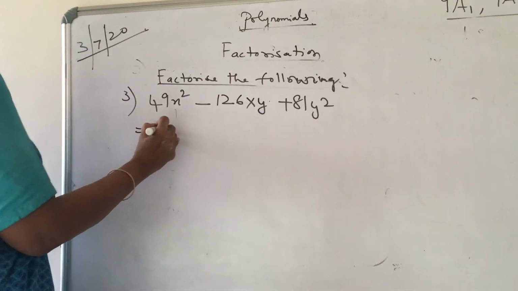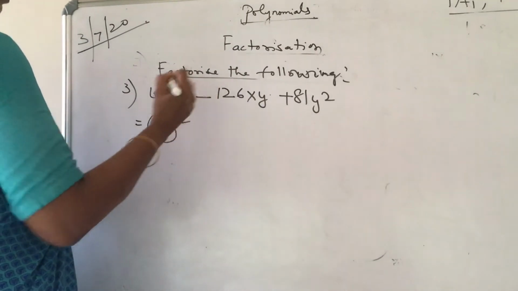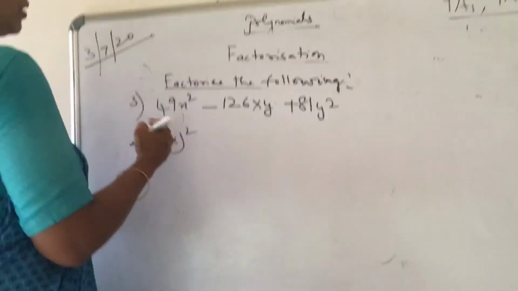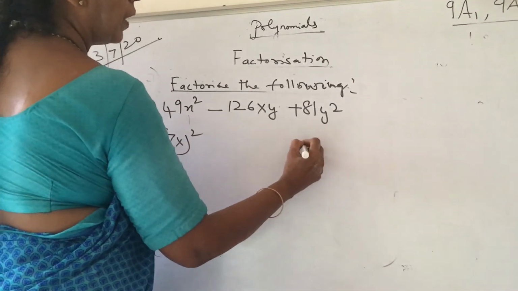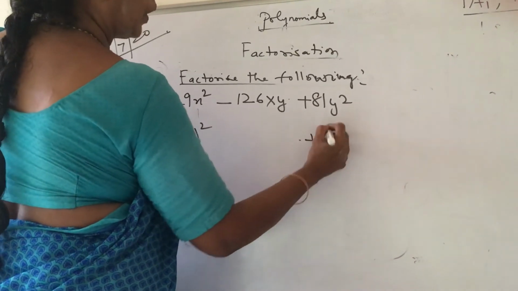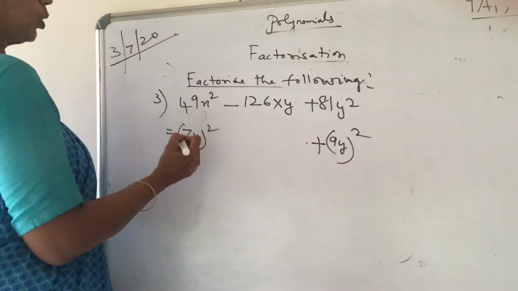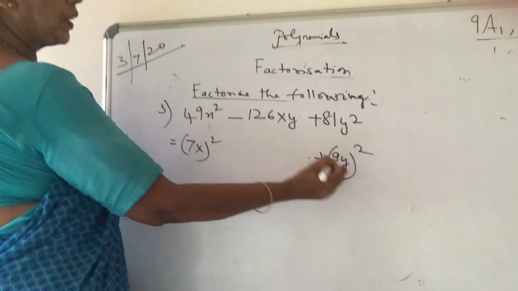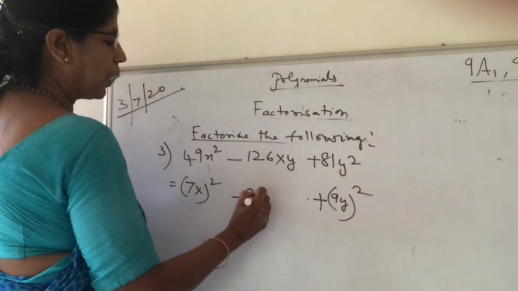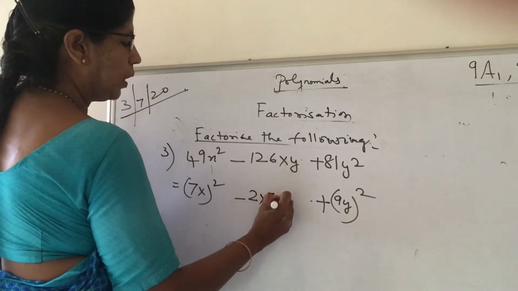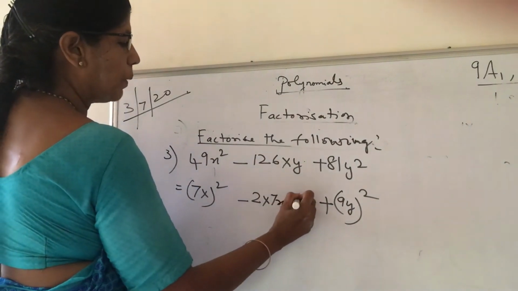The first term as a square, 7x the whole square. The last term as a square, 9y the whole square. If you know the first and the last, children, you can write your middle term minus 2ab.